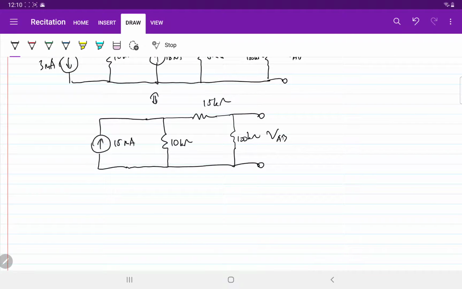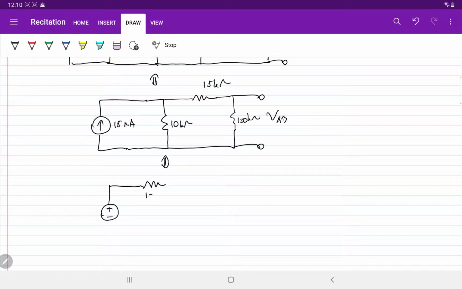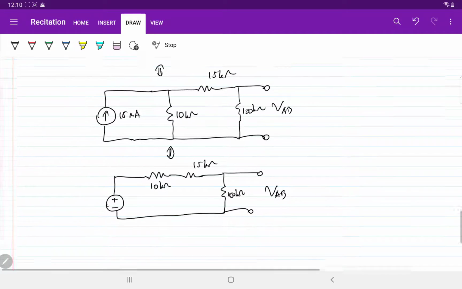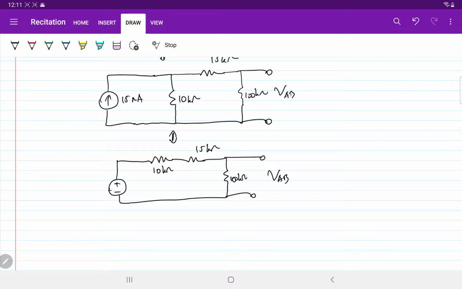Okay, so let's do the last transformation, right? If we convert it back into a voltage source, plus minus, with 10k, here we have 15k, the same 100k, VAB. So what is this voltage source? The value here will be 15 times 10, right?